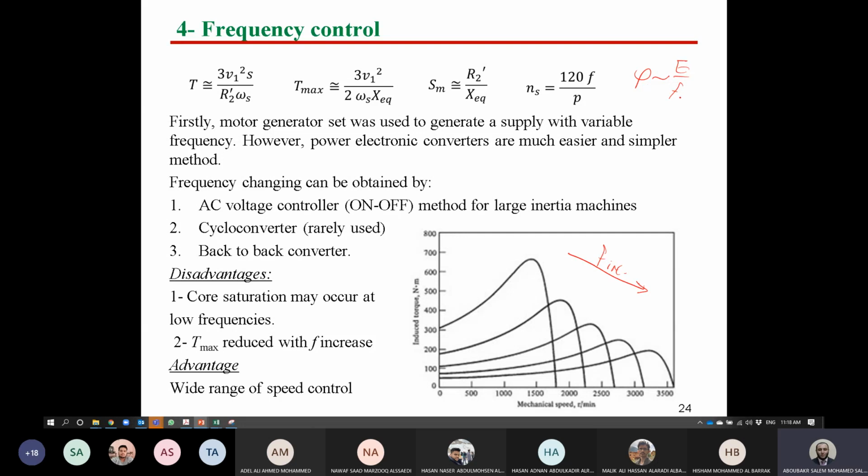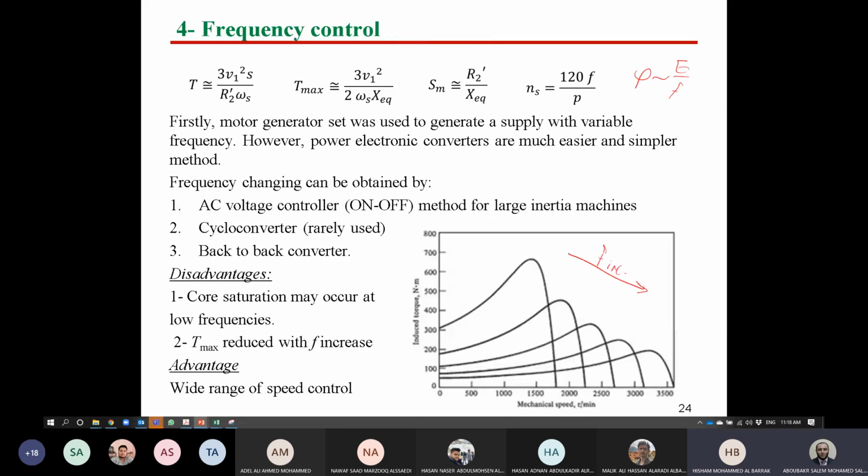Also, if the frequency is very high, the flux will become small, and this is going to make the machine work in the field weakening mode or overspeed mode. Of course, weakening mode means you may have a problem in the bearings of the machine due to high speed. However, if you design your machine to work in the field weakening region, there will be no problem.